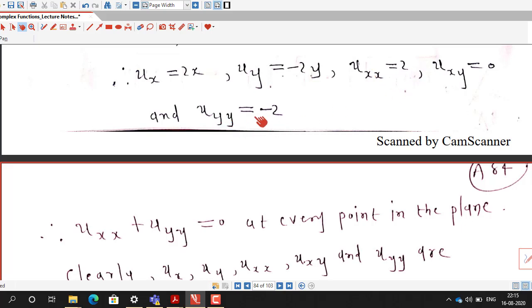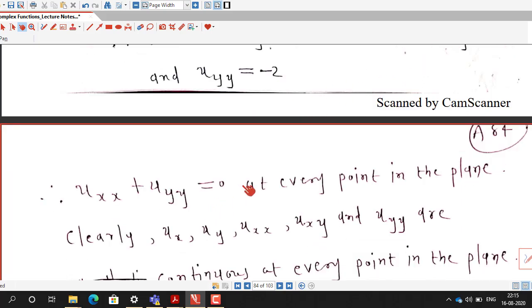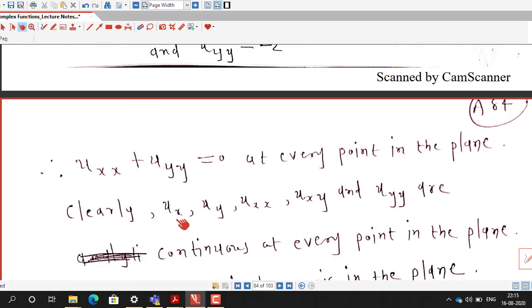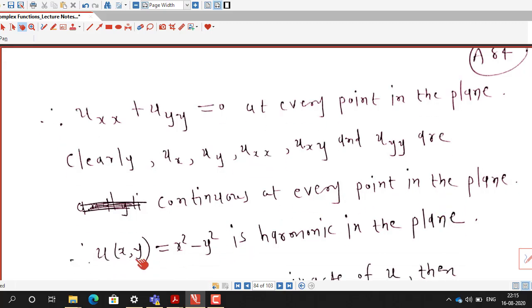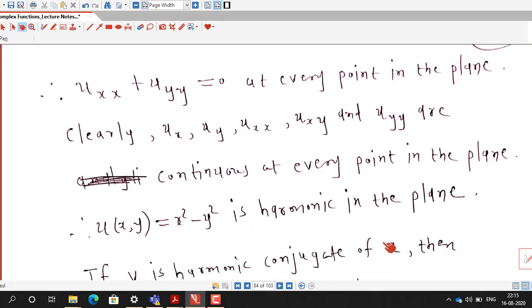Similarly, u_yy is minus 2 at every point. So the addition of these two functions is 0 at every point in the complex plane. And clearly u_x, u_y, u_xx, u_xy and u_yy are continuous at every point in the plane. Therefore, u is harmonic in the plane.